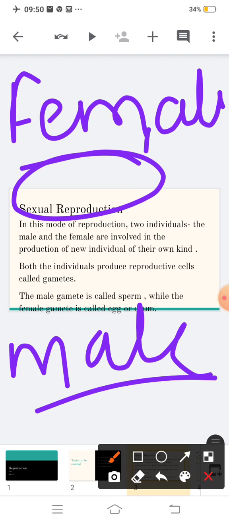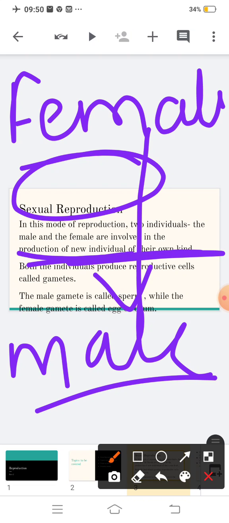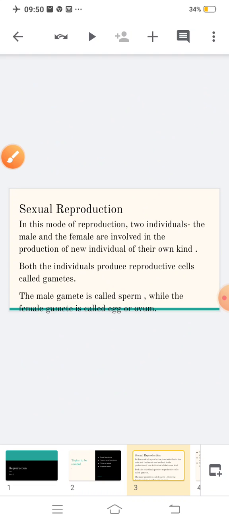When they both are involved, they will produce a new individual of their own kind. So if a question comes, what do you mean by sexual reproduction, you will write: this is a mode of reproduction in which two individuals, the male and the female, are involved in the production of a new individual of their own kind.